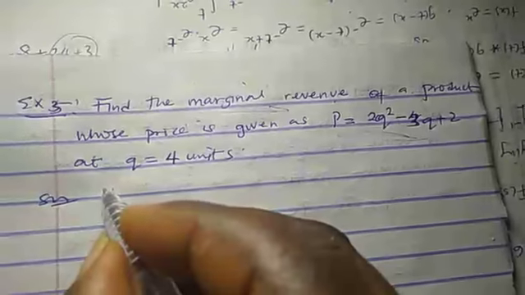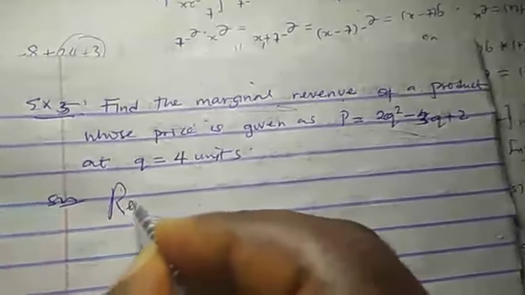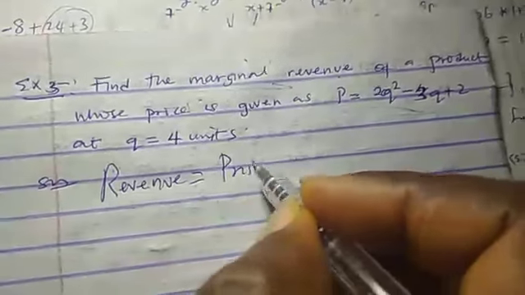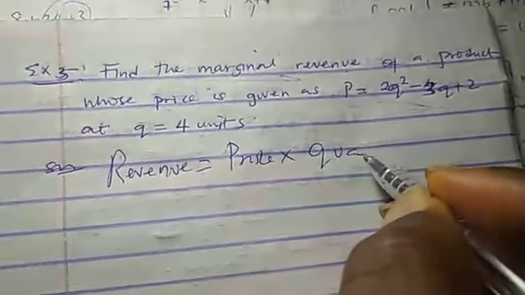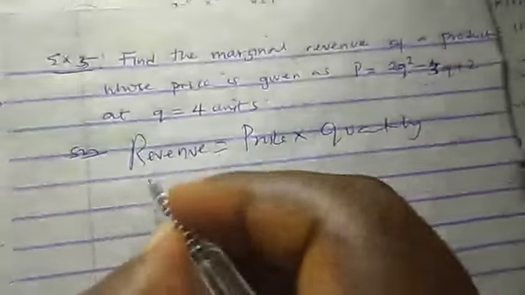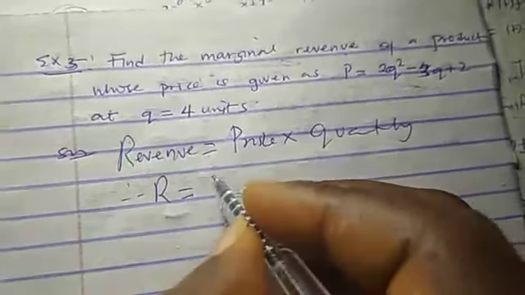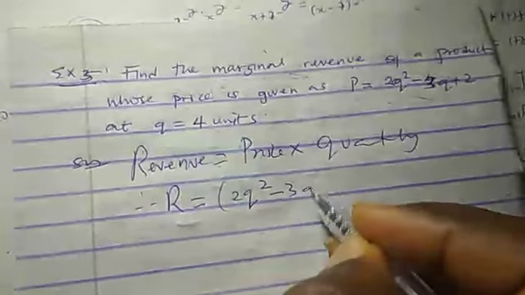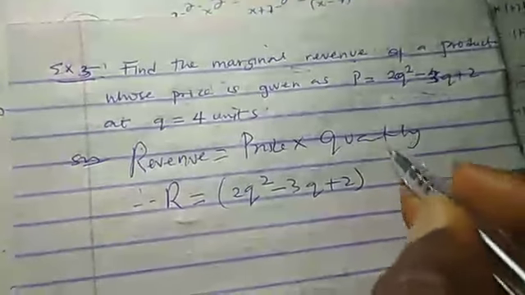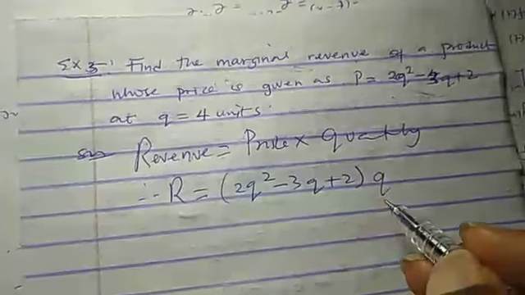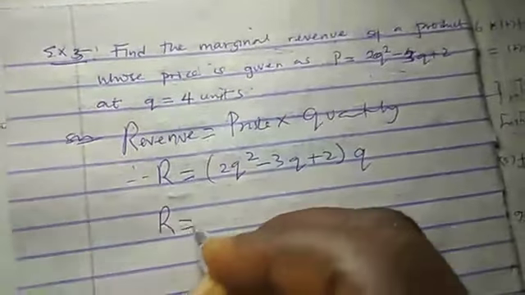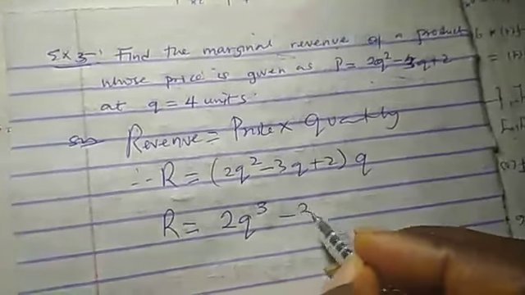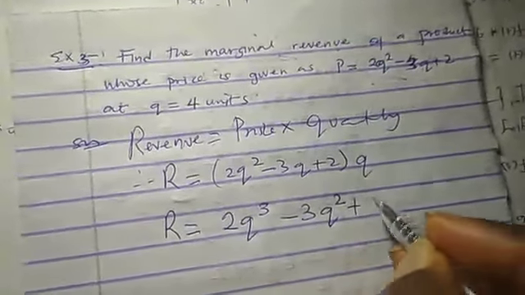To get the revenue, we know that revenue is price times quantity. So our revenue is the price, 2q square minus 3q plus 2, times q for the quantity, so that my revenue is 2q cube minus 3q square plus 2q.